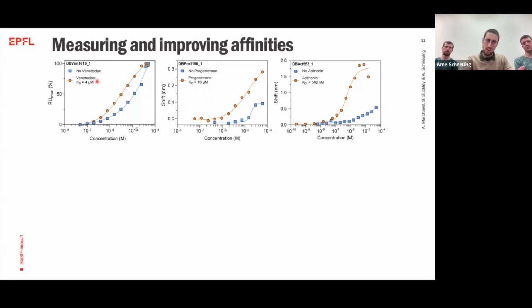The first version of this design shows affinity between 4 micromolar, a bit more than 10, and even half a micromolar. So that's in the range of protein interaction. That's not very strong, but still you do see protein-protein interactions that happen in the range of micromolar. So this is still good considering that these are purely de novo computational designs.